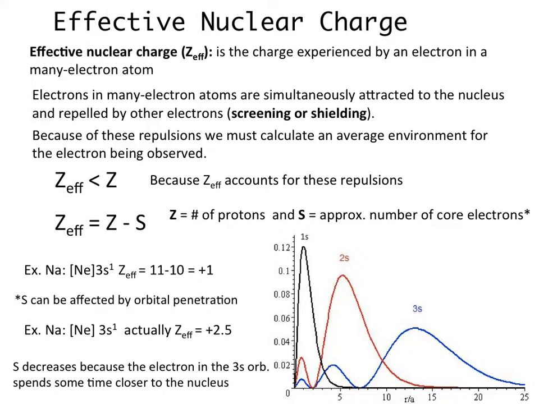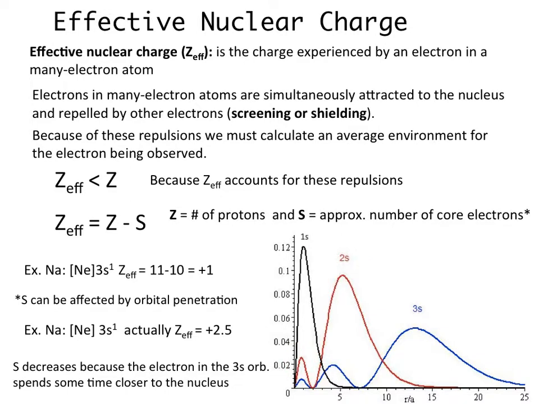Now, your S value, or that environment created by those electrons, can actually be affected by something called orbital penetration. We've talked about probabilities of where electrons are going to reside, with respect to these orbital distribution diagrams. Notice, for instance, in the 2s orbitals, there's a very high probability of the electrons being this distance from the nucleus.